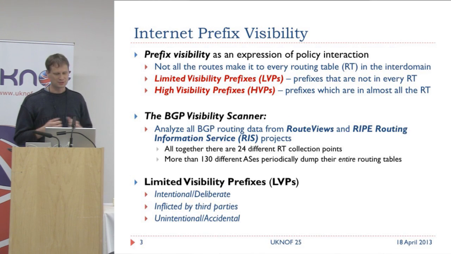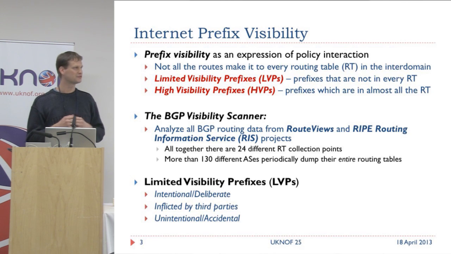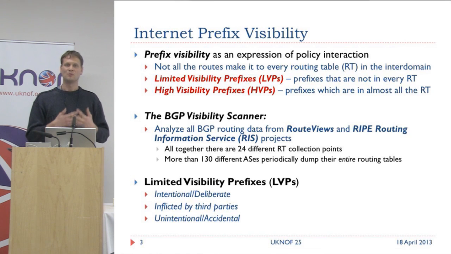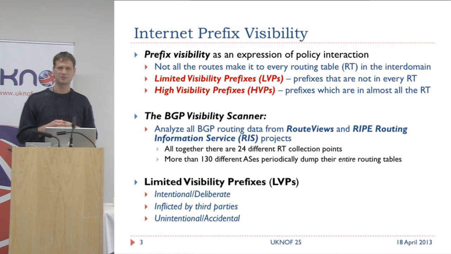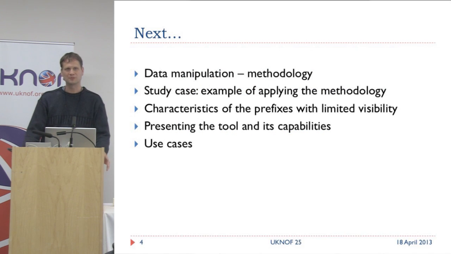With all the data we have, about 130 different ASs, we would like to understand what is driving this limited visibility. I'm going to talk a little bit about the methodology, give some statistics and data that we have found, and at the end I will present one use case.